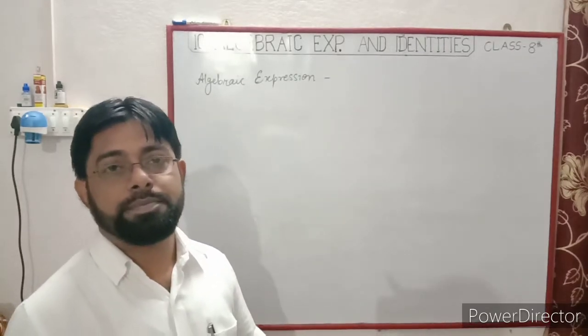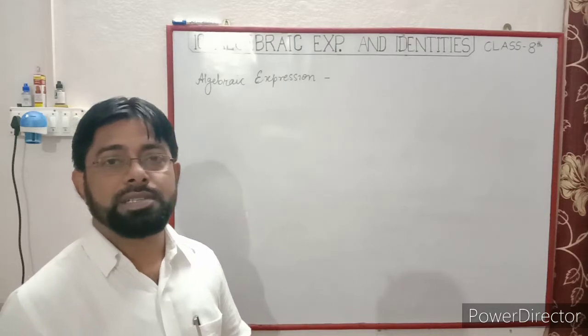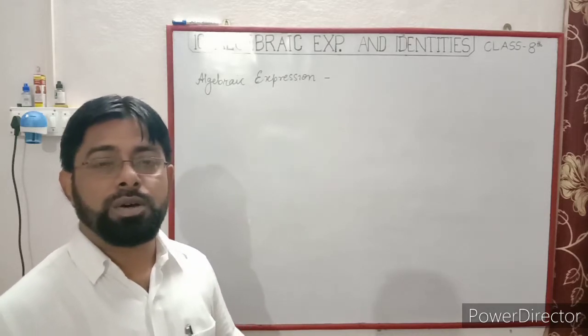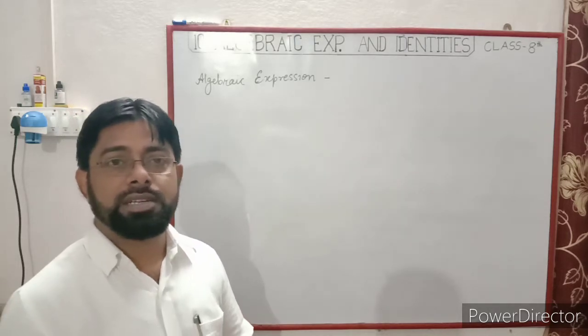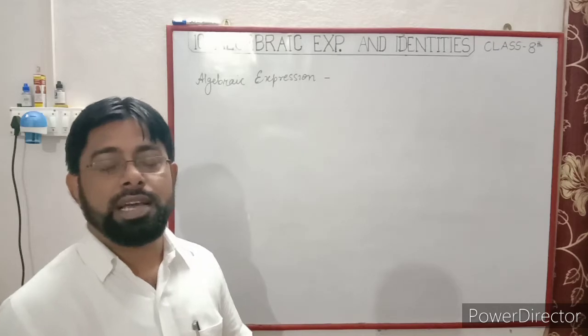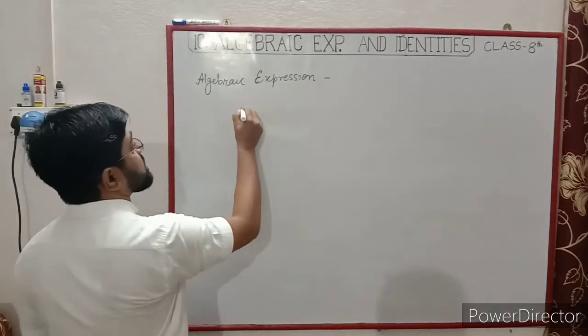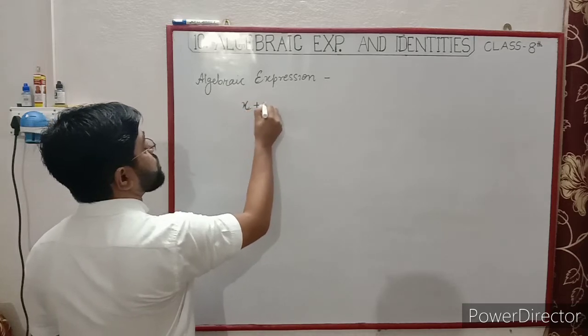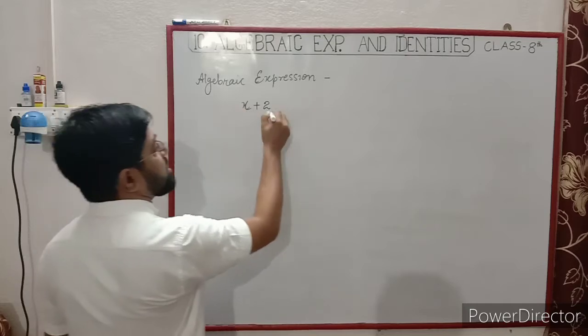Algebraic expression. A collection of constants and variables connected by one or more of the operations addition, subtraction, multiplication and division is called an algebraic expression. Let's see. Suppose x plus 2, here 2 is a constant and x is a variable.